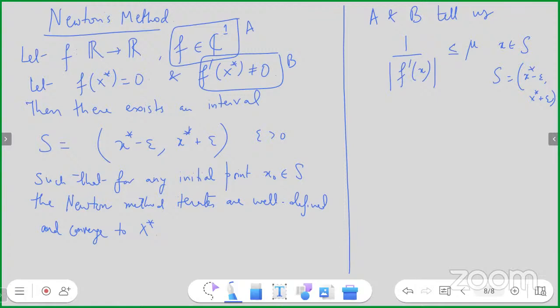Now what can I do? What more do I know about f given A and B? Can you give me a bound on f prime of y minus f prime of x to be less than or equal to something, where y and x appropriately lie somewhere?